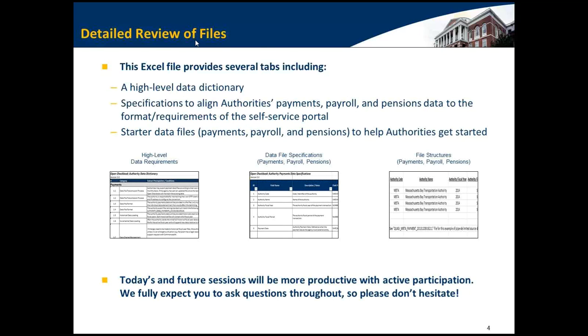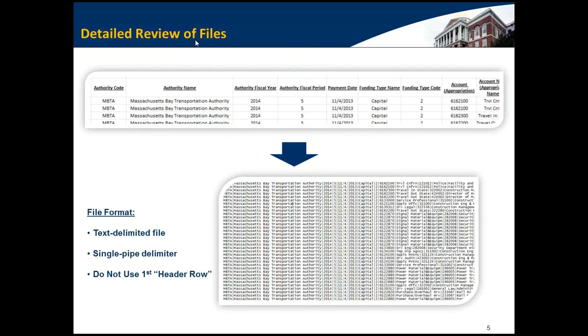All right, so Ben has walked through the file specification document. So again, looking at the next slide, a couple key points on this. Some authorities, when they create the files, either do it programmatically or manually. So MBTA, for example, wrote an integration program that just exports the data to a flat file that meets our specification, and then they just send it over to us.